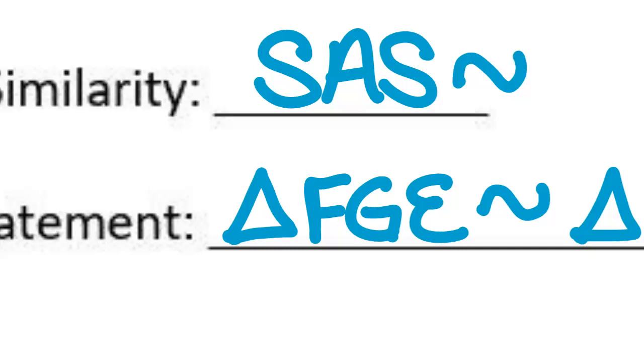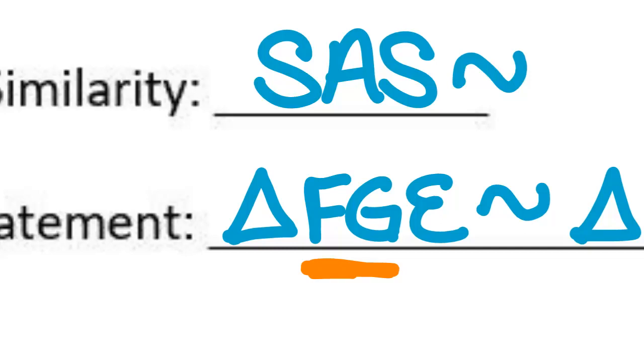For the second triangle, we have to make sure that we are matching up the corresponding congruent angles and the proportional sides. So this starts with FG. How big was side FG? Did we have a size for FG?